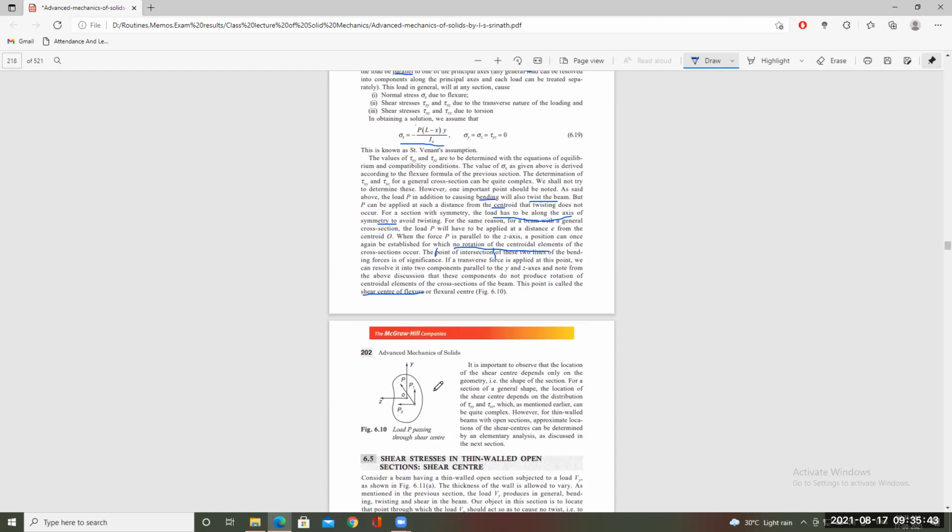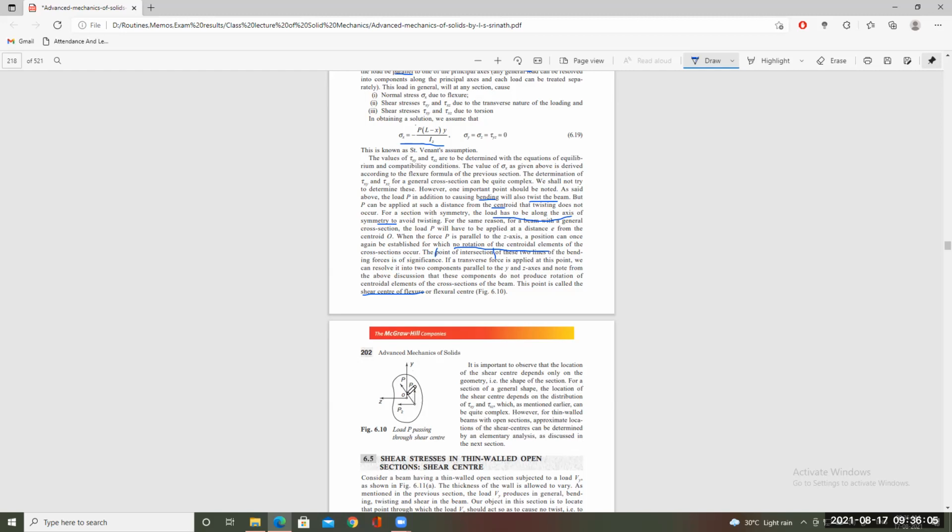Now, here we are showing this. This is our cross-section under consideration of that cantilever beam, and we have the y-axis and z-axis here. We have this point, at a negligible distance from the centroid, through which the external load P is acting.